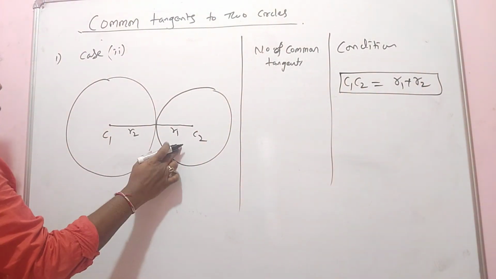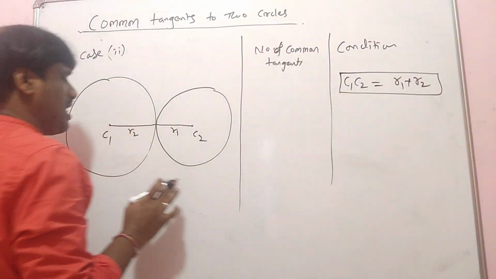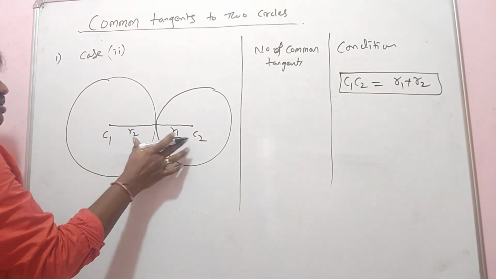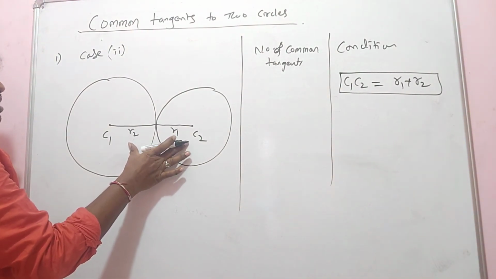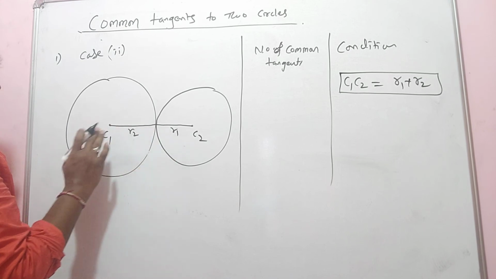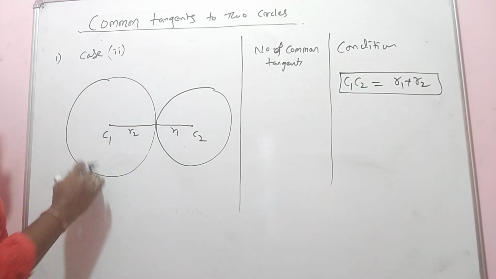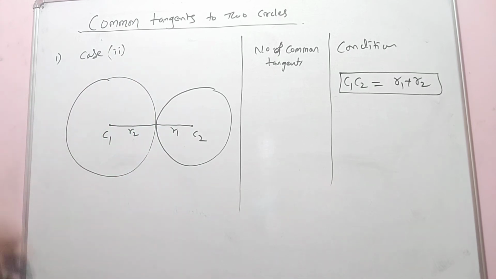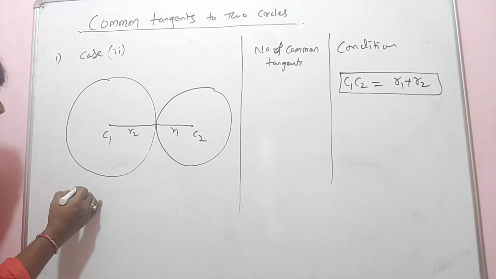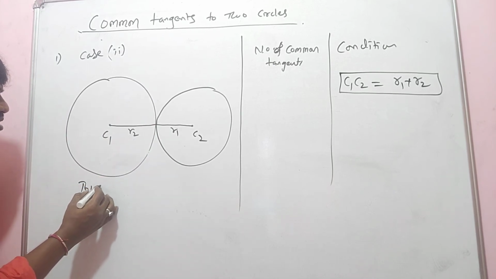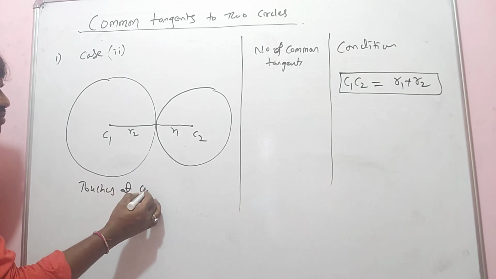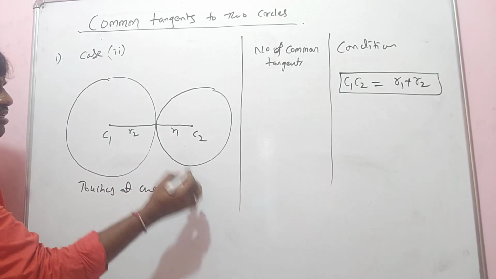So C1C2 is equal to R1 plus R2. When the distance between the centers is equal to radius 1 plus radius 2, the circles touch at one point.